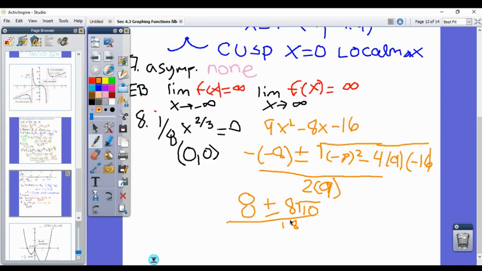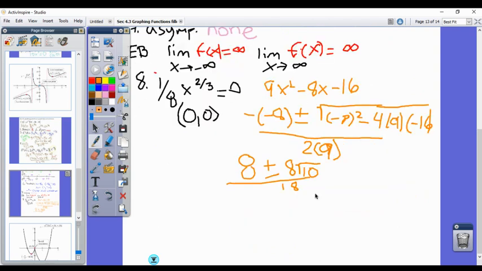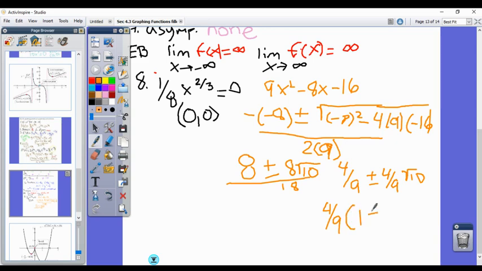I'm going to end up with 4/9 plus or minus 4/9 square root of 10. And if you wanted to, you could also factor out a 4/9, so 1 plus or minus square root of 10. So there's my other x-intercept.